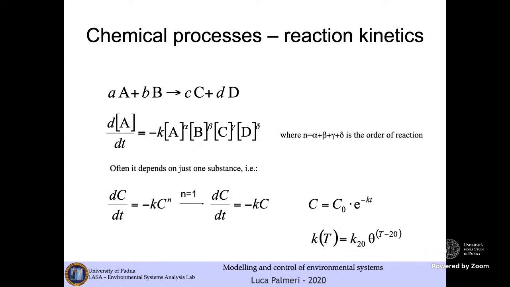This ends up more or less what you are supposed to know concerning our way of modeling transport processes. Transport processes are made up of two terms, an advective term and a diffusive term, and we have been able to derive up to here a very detailed description of the advective term and of the diffusive term.